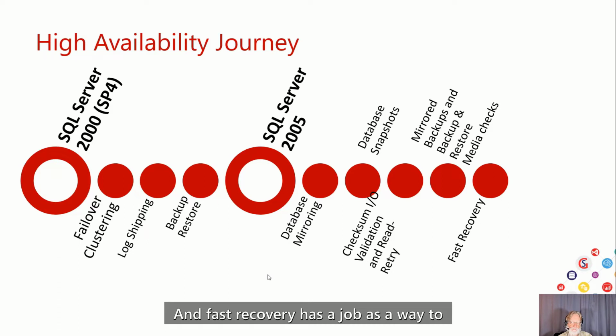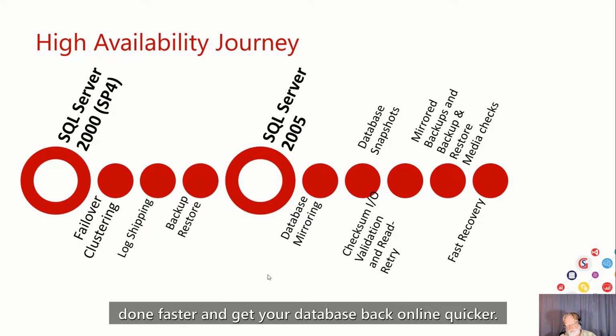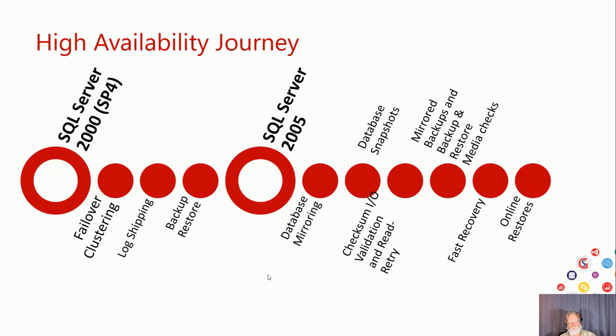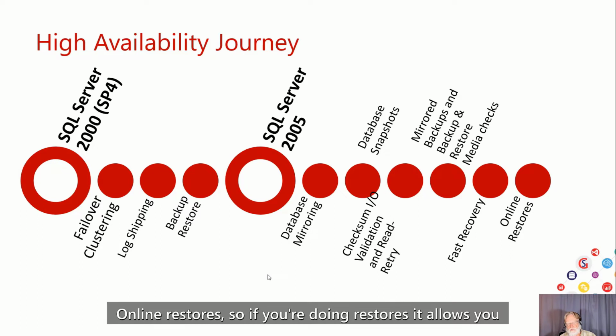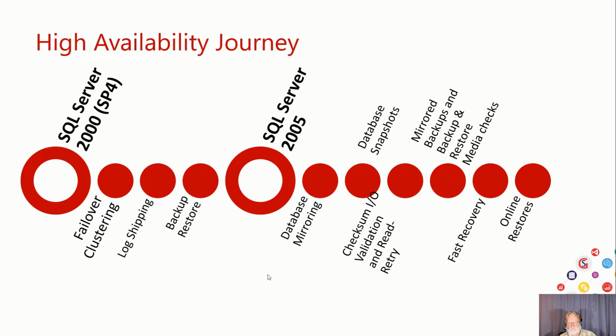And fast recovery as a way to get the recovery done faster, get your database back online quicker. Online restores. If you're doing restores, it allows you to do that without taking everything offline.